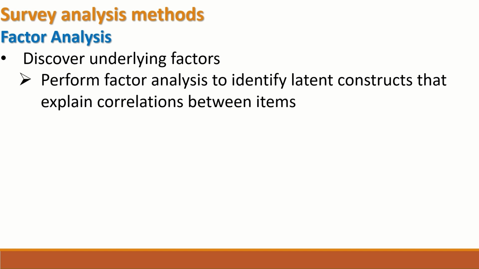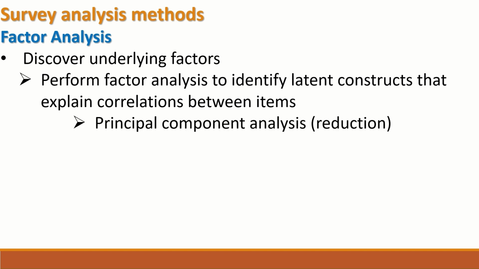An essential step also to perform when doing the survey analysis is to perform factor analysis. The factor analysis is a statistical method that aims to discover underlying factors, to identify latent constructs or factors that explain correlation between items.